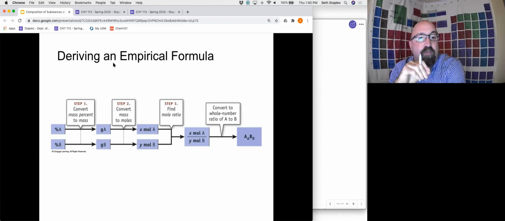Then we find the mole ratio. When we find the mole ratio, and we're going to look at a few examples of this, so don't worry, what we're going to do is take those number of moles that we found in step 2, and we're going to divide each one by the smallest number of moles that we found. And then we convert to whole number ratios, and we'll see what that means.